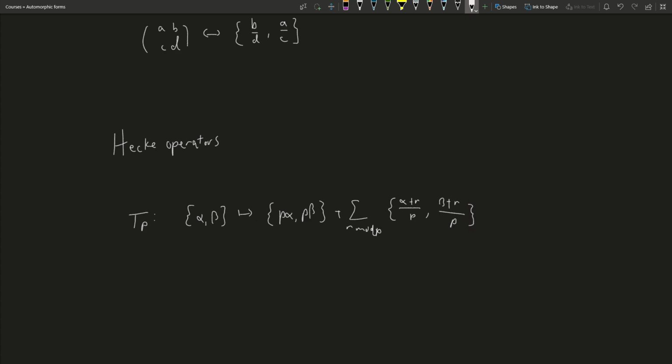And if you define it this way, then you have the following, which is that if you look at this path as an element of the homology, and then take the pairing with the Hecke operator acting on the cusp form, this is equal to what you get if you used this definition to have the Hecke operator act on the modular symbol.